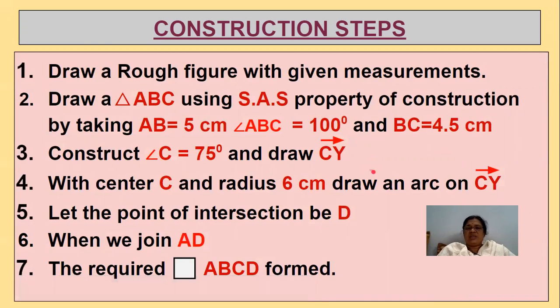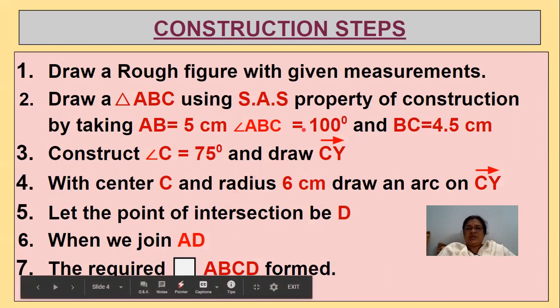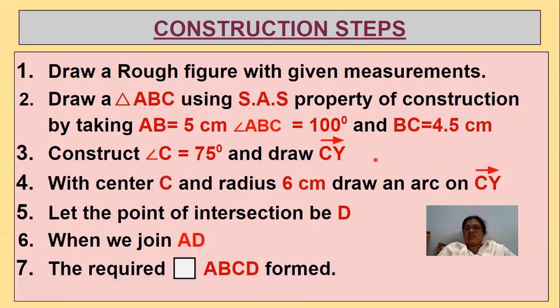The arc will intersect the ray at some point. Let that point be D. Now join AD. Then you get the required quadrilateral.